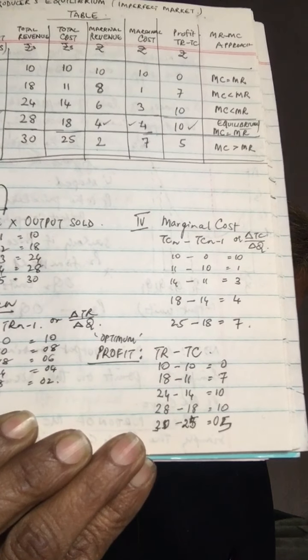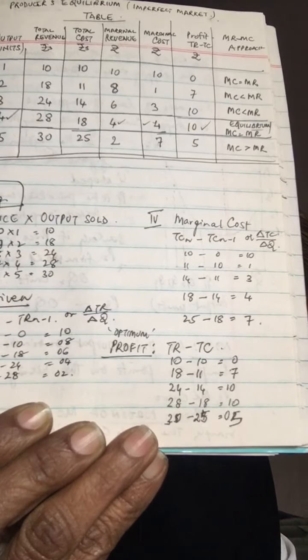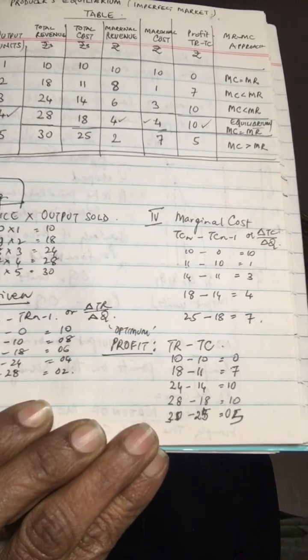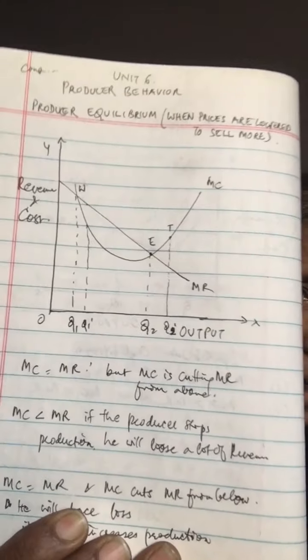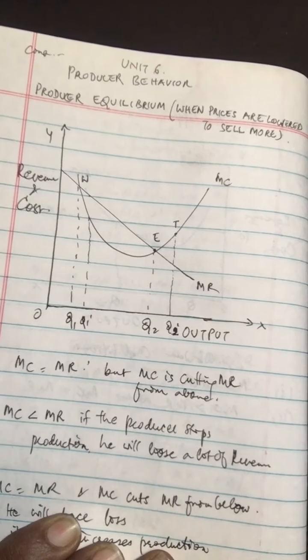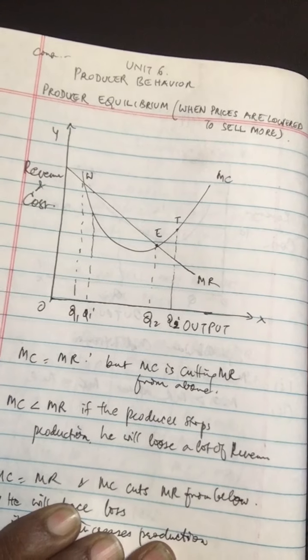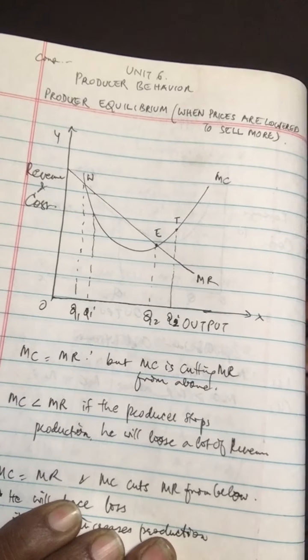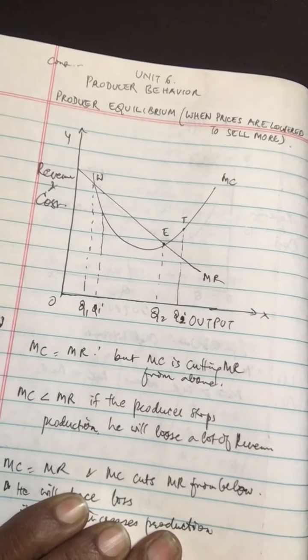You can see those conditions, and let's show it graphically too. Looking at the graph, MR is downward sloping, because it is assumed that more output can be sold only by lowering the price.